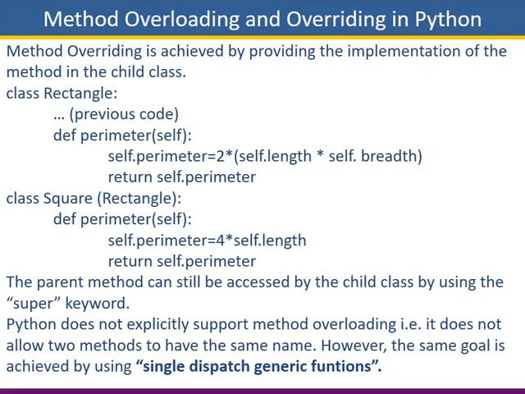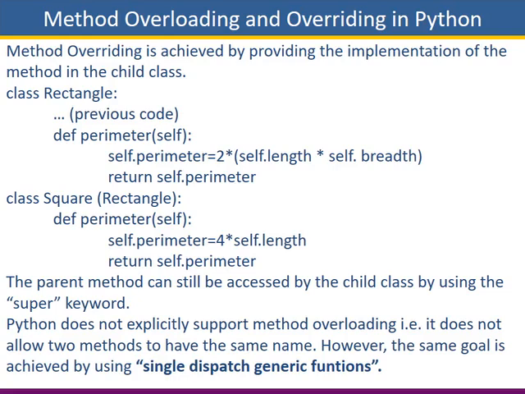We can see that for the new class Square, inside the parentheses we have Rectangle. And we define the perimeter: self, and the self perimeter is calculated and returned.